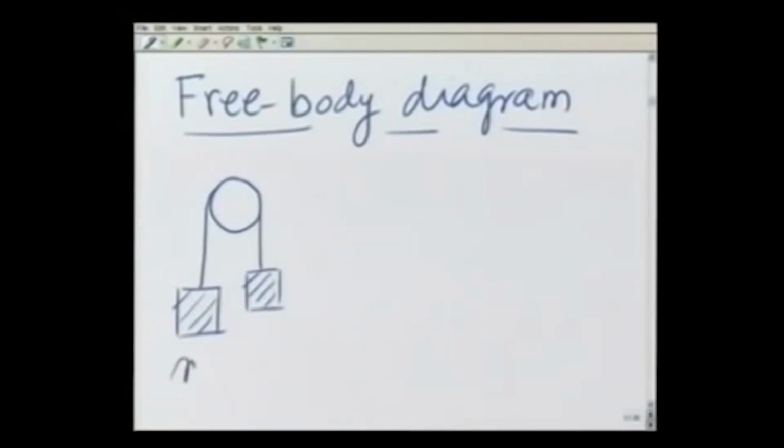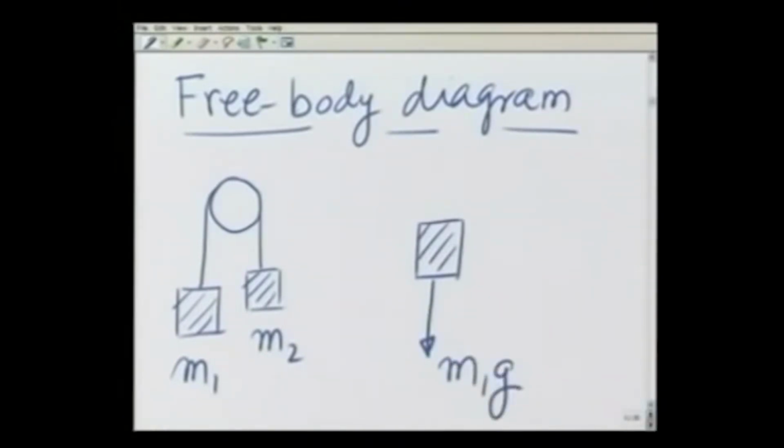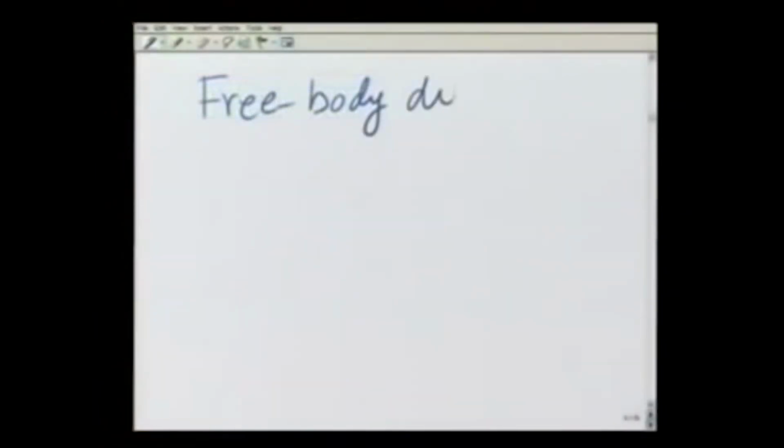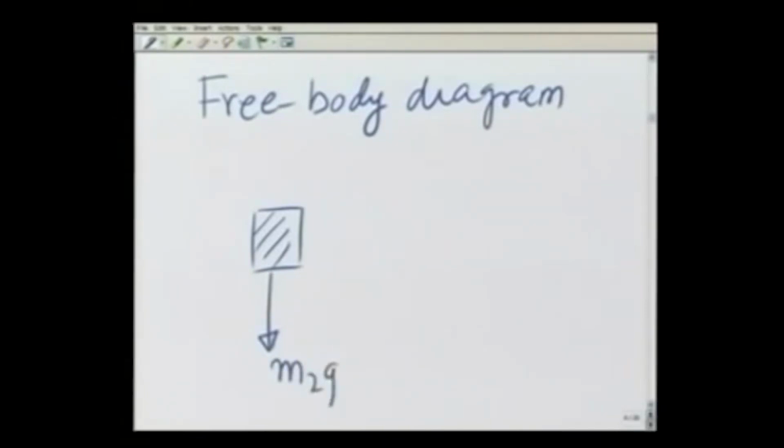So if I were to make the free body diagram for mass m1, it will be something like this: there is a force pulling it down, m1g, the gravitational force, and there is a tension T, which is the force of constraint pulling it up, and that is the free body diagram for mass m1. Similarly, I can make the free body diagram for mass m2, that will also be similar, m2g pulling the body down and tension T pulling it up.